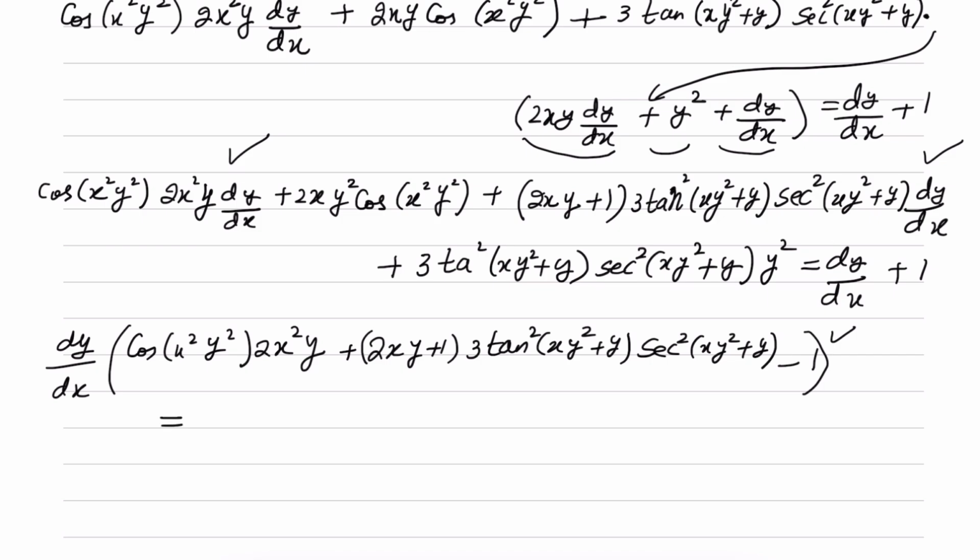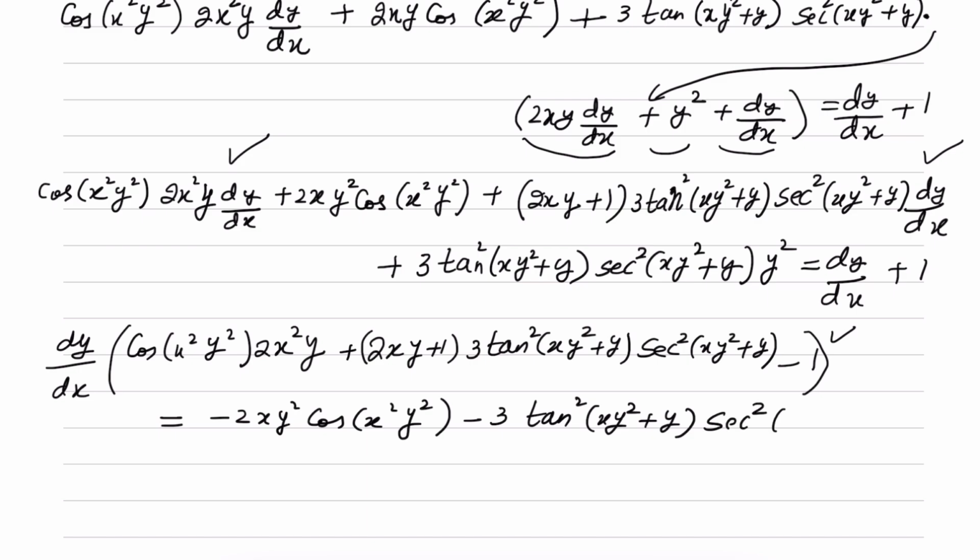And on the other side we have minus 2xy² cos(x²y²) minus 3 tan²(xy²+y) sec²(xy²+y) into y² plus 1.